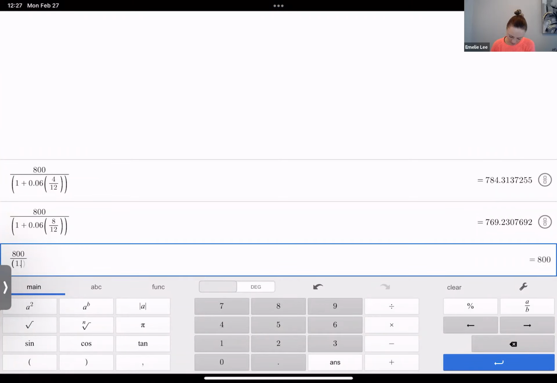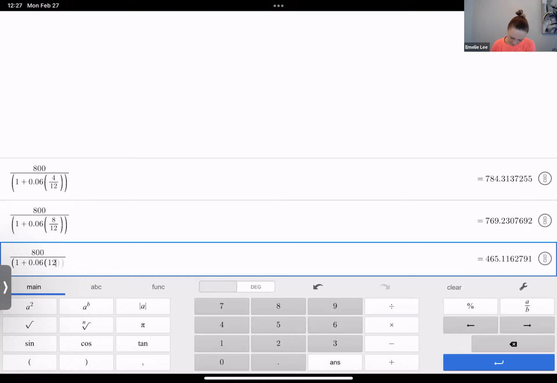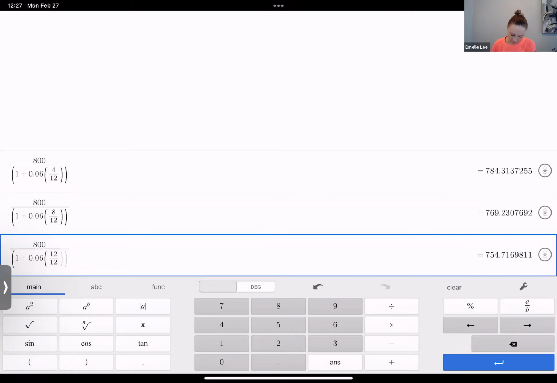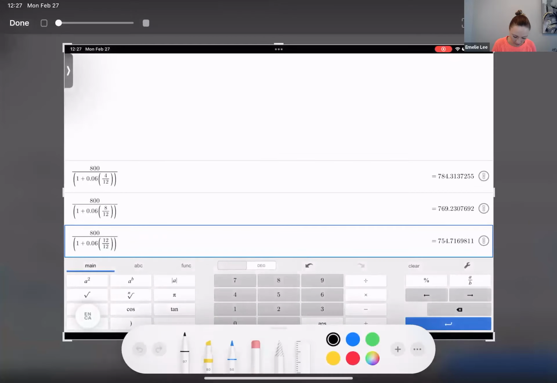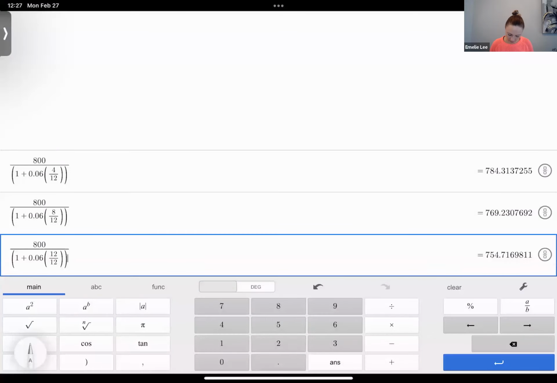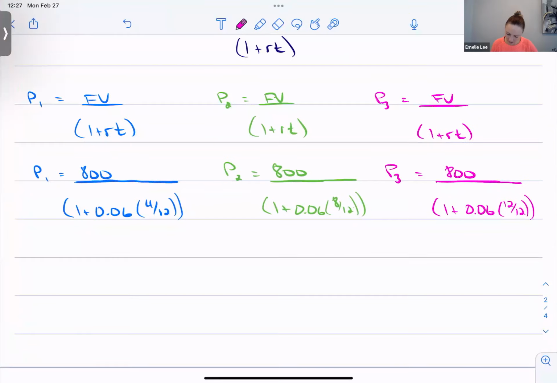So that's why I use it. 1 plus 0.06 times 12 divided by 12. I don't like to simplify things too much here because sometimes it can be time consuming, or I might mess it up, or I might round when I shouldn't be, right? And so here, this is what I'm going to bring in.